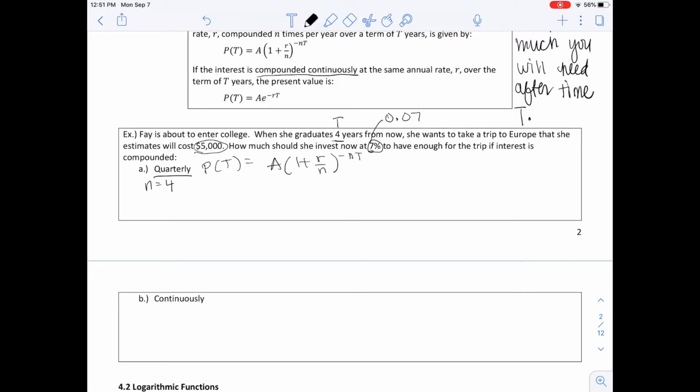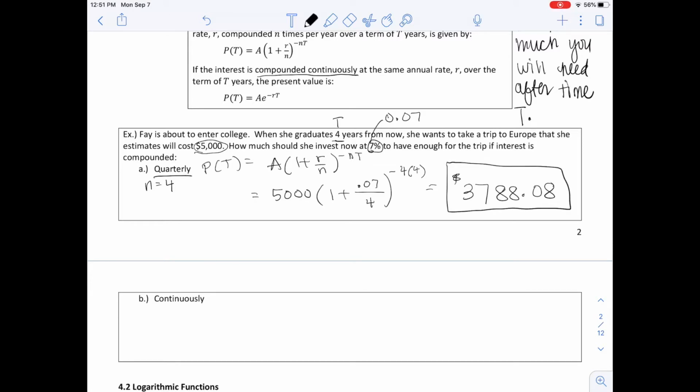So going ahead and figuring this out, A is 5,000. We have 1 plus R, which is 0.07, over n, where n is 4, to the negative n times T, so 4 times 4 years. And working this out, we get $3,788.08.